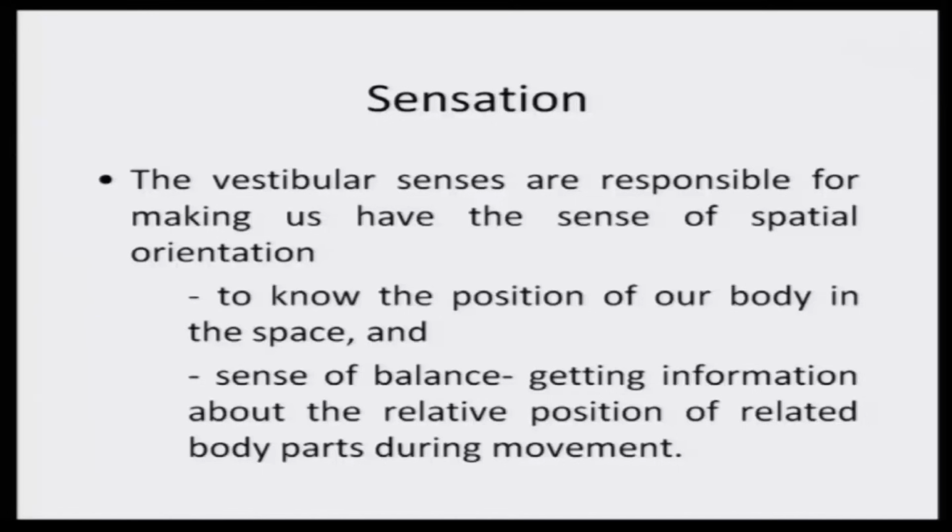The other sense that we are now coming to is what is called the vestibular sense, and these are the senses which are responsible for giving us the sense of spatial orientation. Spatial orientation means that it helps us know the position of our body in space.